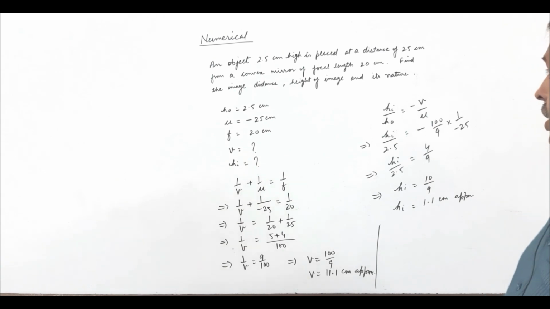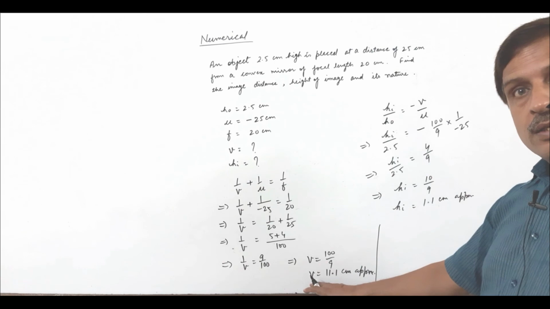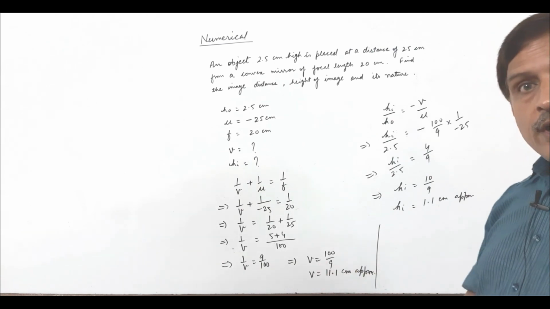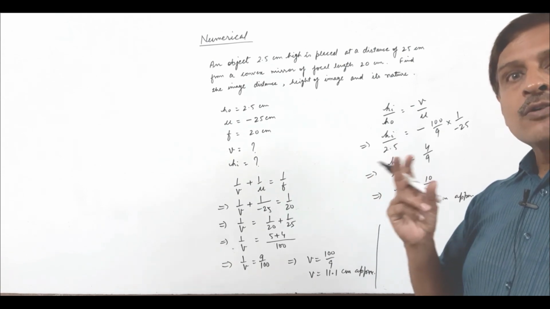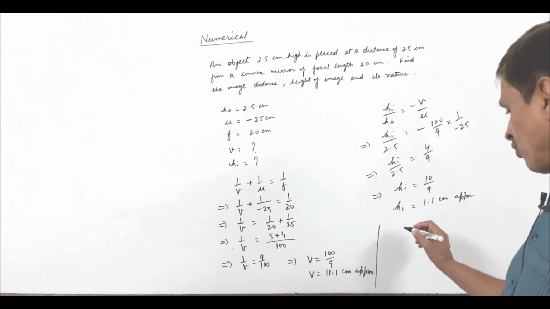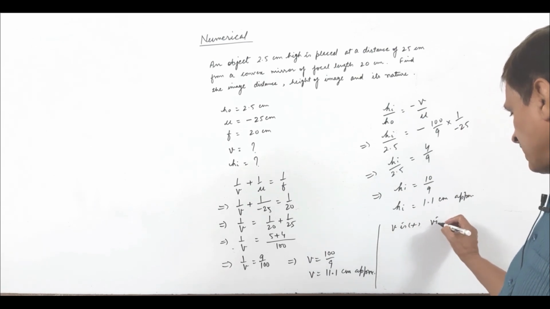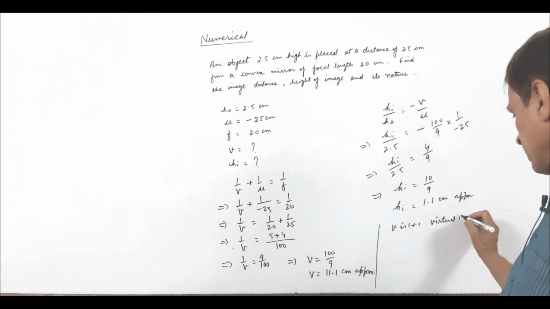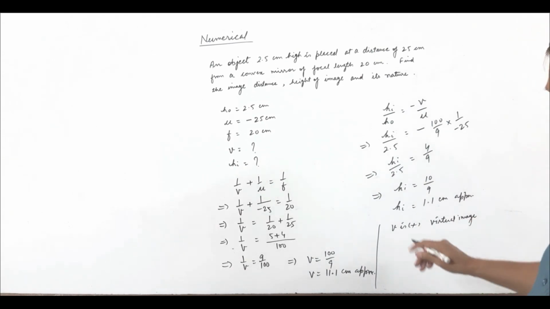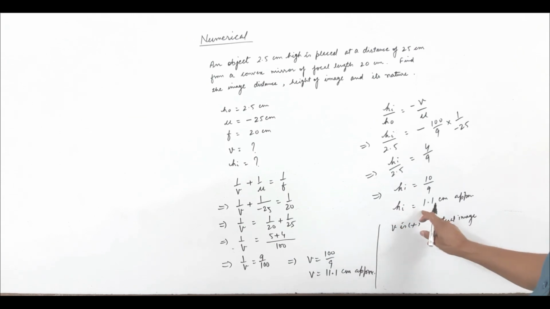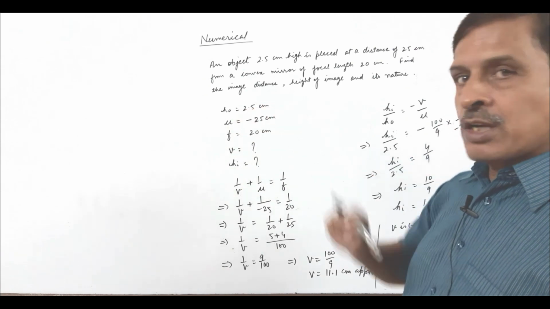Now, to find the nature of the image, we observe the value of V. It is positive, it means the image is from behind the mirror, so it is virtual image. The image is virtual, V is positive, so virtual image. Secondly, height of the image is 1.1 centimeter, while height of object is 2.5 centimeter.